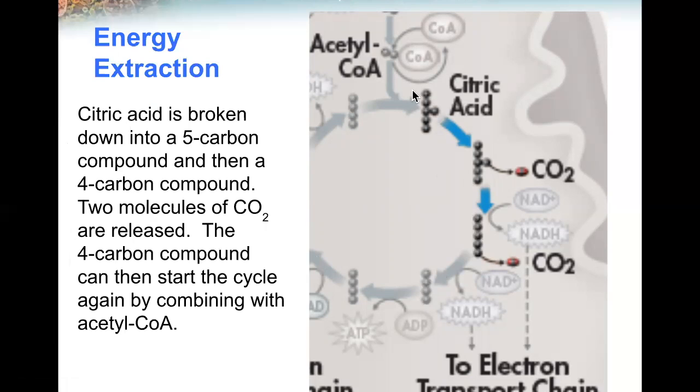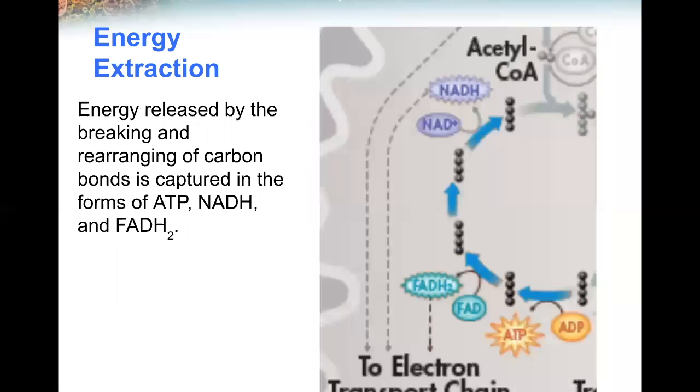We'll describe that. So citric acid, and then carbon dioxide breaks off, and then NAD plus converts to NADH, and then a higher form goes to the electron transport chain, along with pulling off another carbon dioxide. Energy released by the breaking and rearranging of carbon bonds is captured in the form of ATP, NADH, and FADH2.